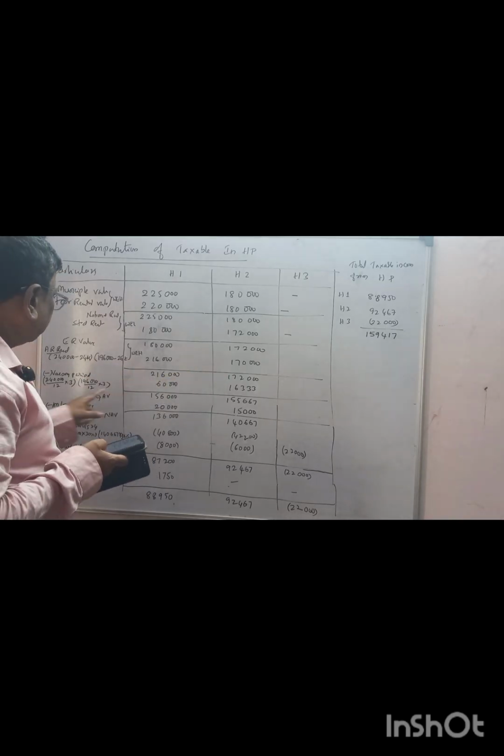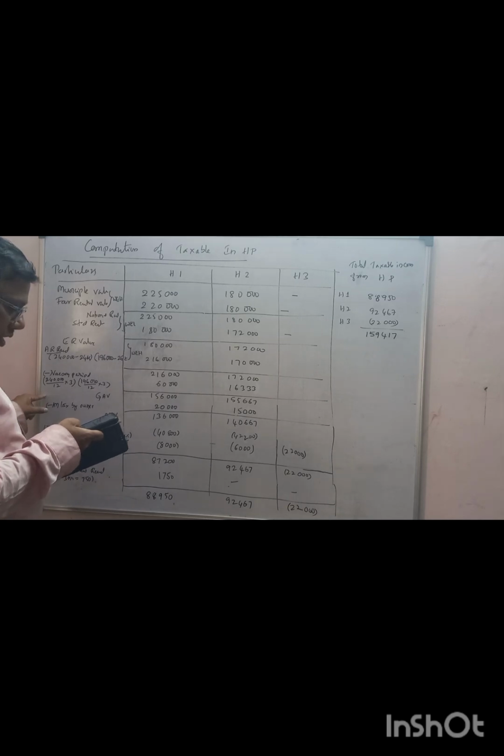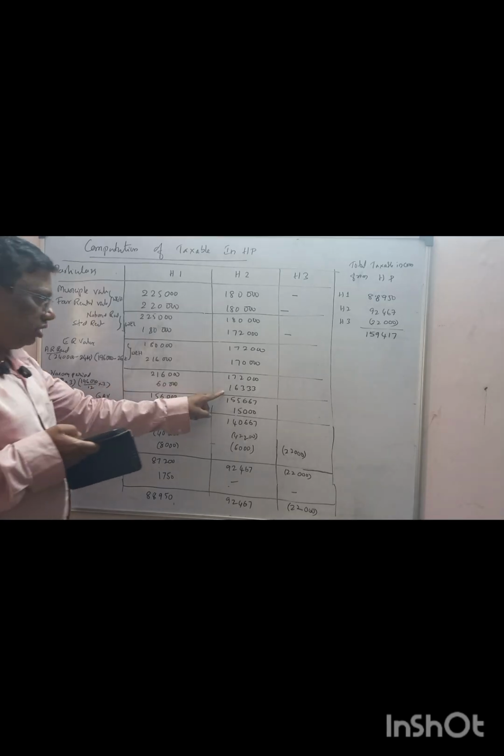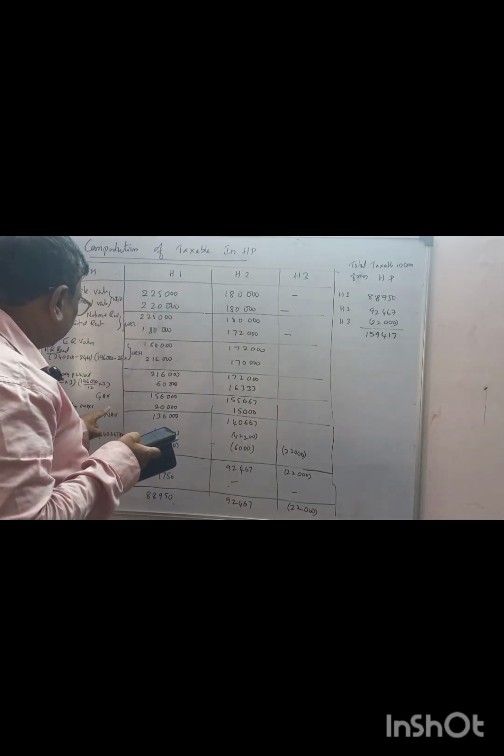Here 1 lakh 72,000. The vacancy period is also given as 3 months. Actual rent 2 lakh 40,000 divided by 12 gives 1 month; multiplied by 3 months of vacancy, I get 60,000. For house 2, actual rent per annum 1 lakh 96,000 divided by 12 into 3 is 16,333. That is also not received.